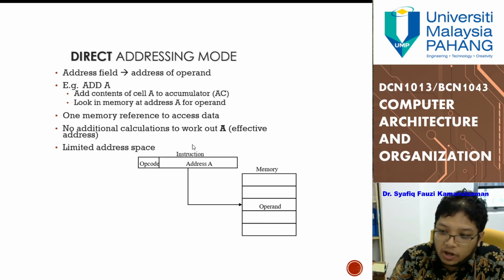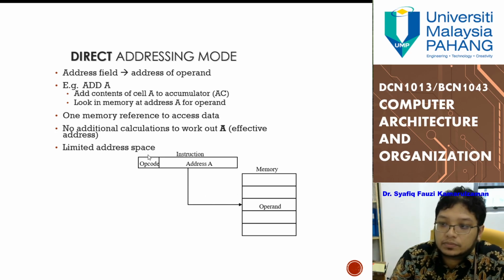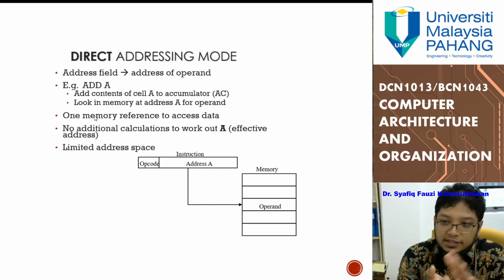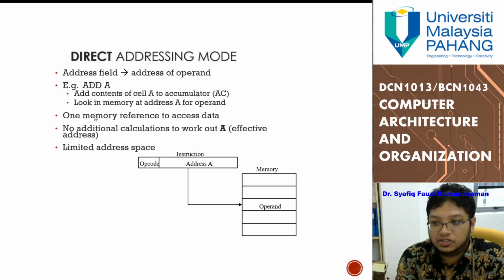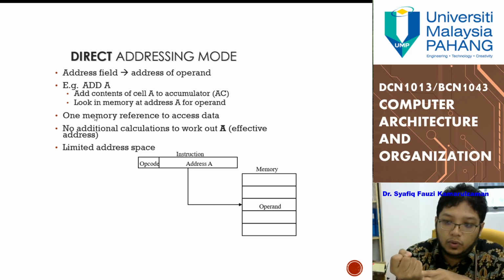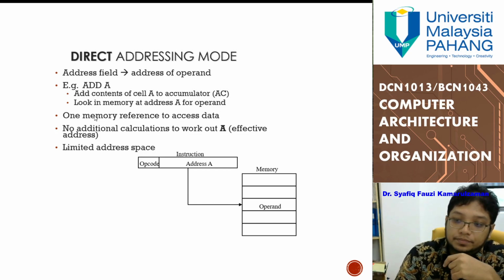The address of A refers to memory, for example in your random access memory, and picks up the information and puts it back for the operation. This needs one memory reference to access the data, and no additional calculation to work out. It uses a limited address space for the addressing mode.